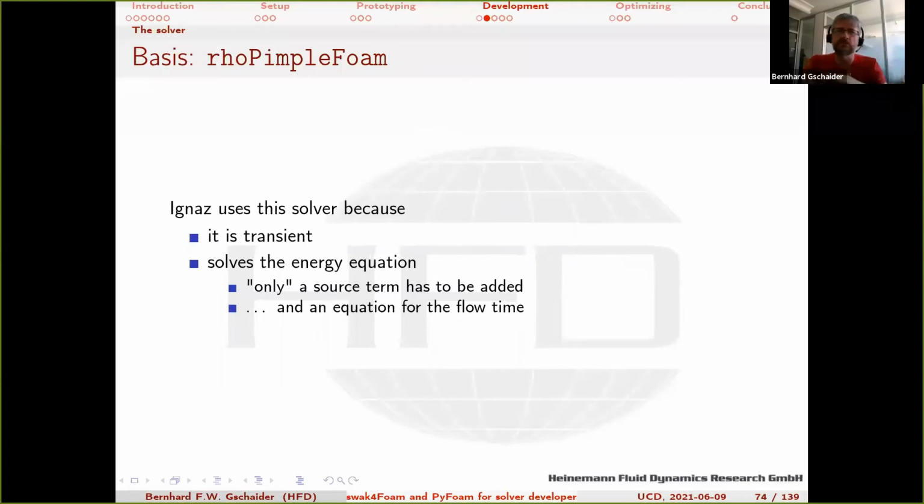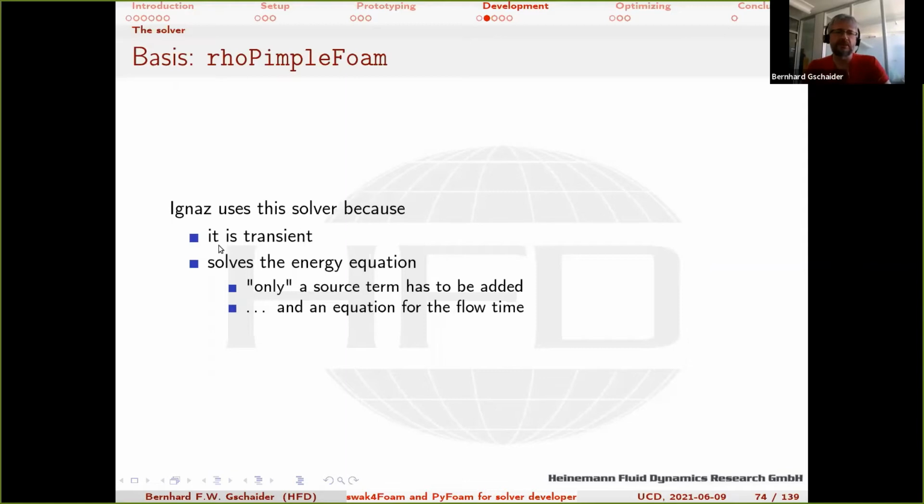Unless you want to implement a totally improved new solver scheme, then of course start with your own. But if you want to add some crazy physics to your solver, then start with an existing solver.